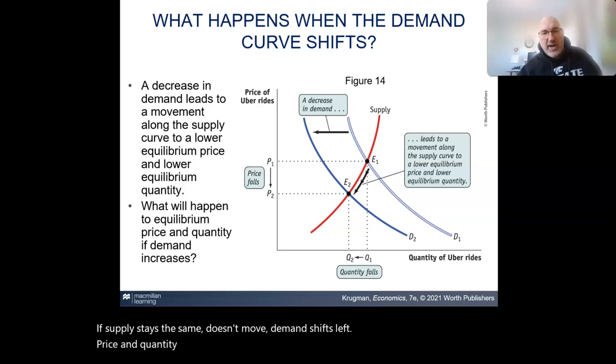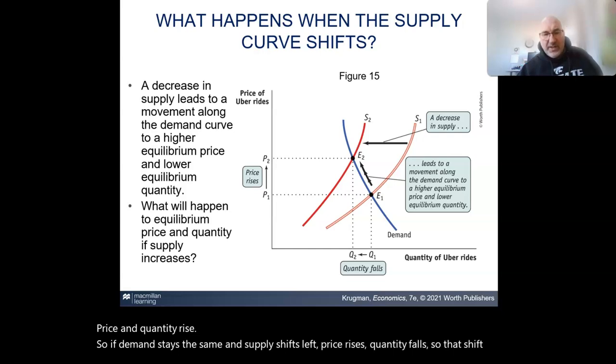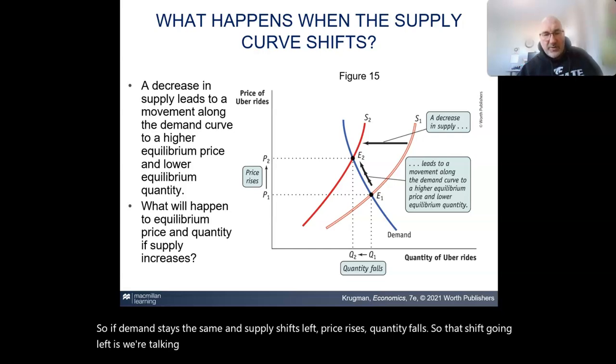If demand shifts right, price and quantity rise. If demand stays the same and supply shifts left, price rises and quantity falls. That shift going left is a decrease in quantity supplied.